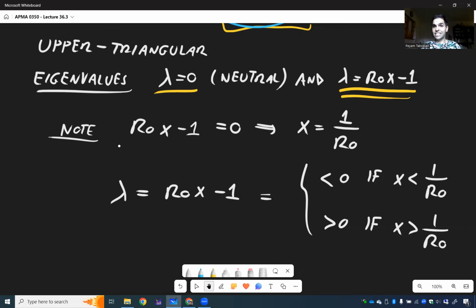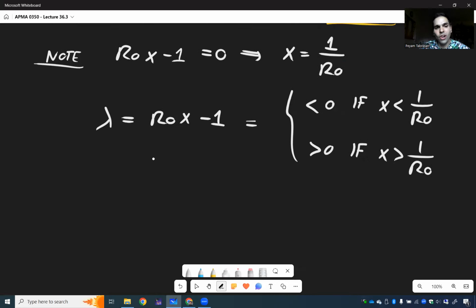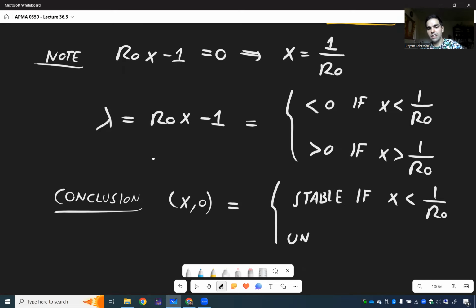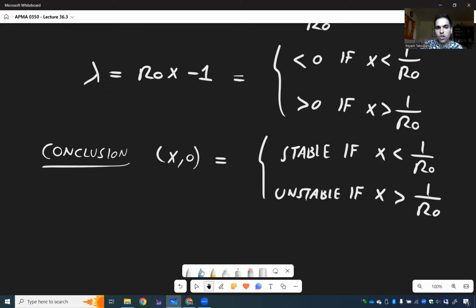So this eigenvalue is attractive to the left of 1 over R naught and repulsive to the right of 1 over R naught. And that's why actually we can say, again, the 0 eigenvalue doesn't matter here. So our equilibrium point, x naught, is stable if x is less than 1 over R naught and unstable if x is bigger than 1 over R naught. So that is our conclusion.